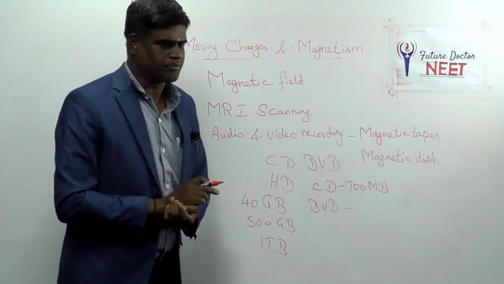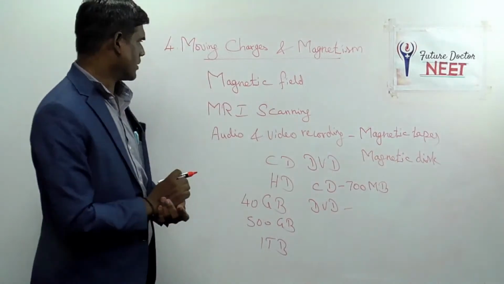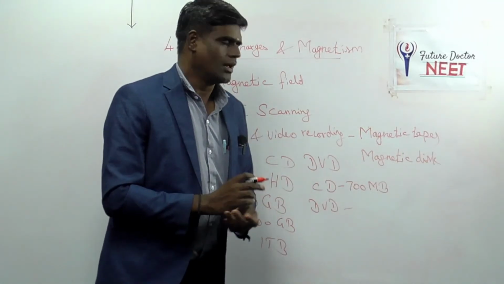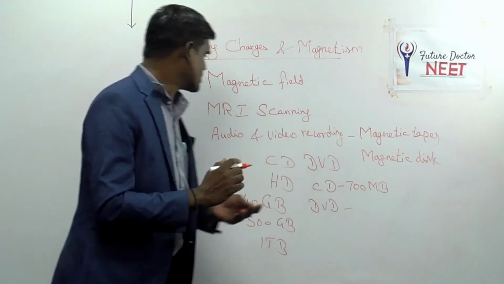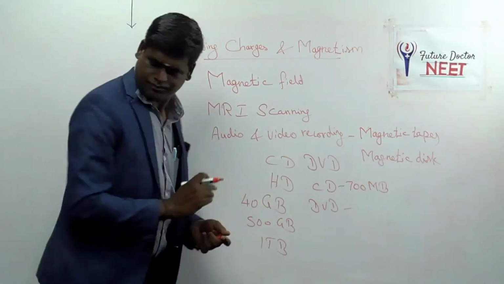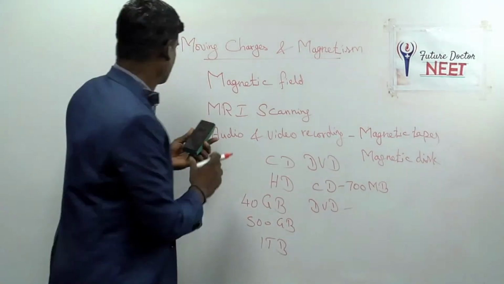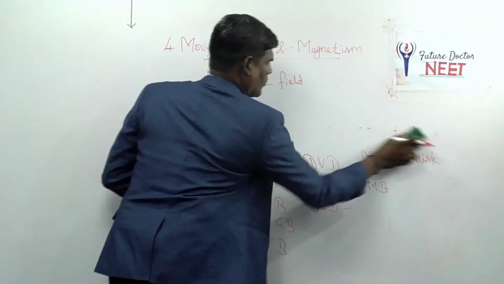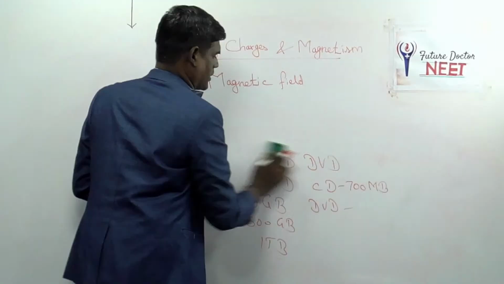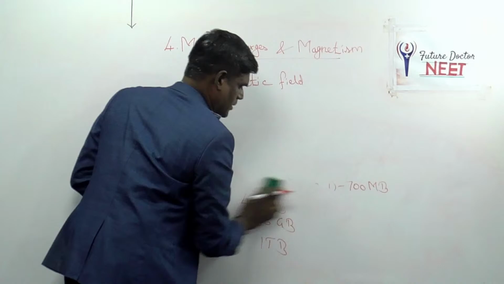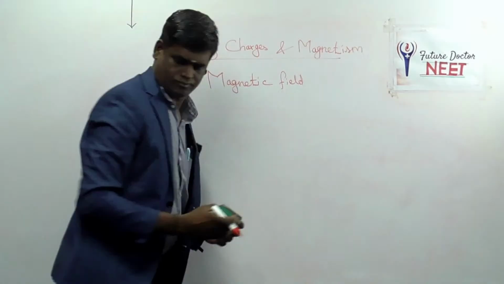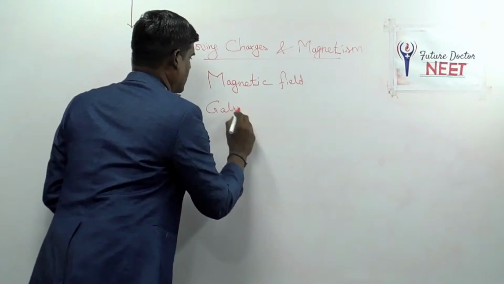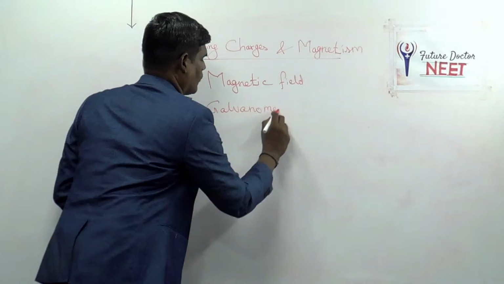Another one is meters: galvanometer, ammeter, voltmeter. What is the difference between these three?